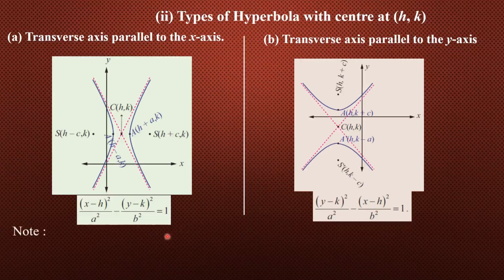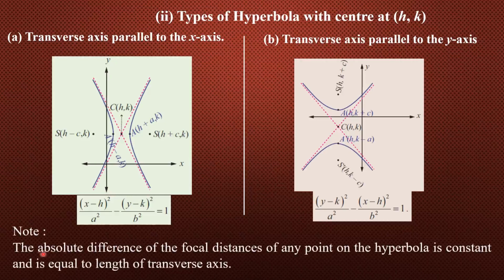Here we have one important note, that is the absolute difference of the focal distances. Focal distance means the distance between the focus and any point on the hyperbola, that is any point on the curve.